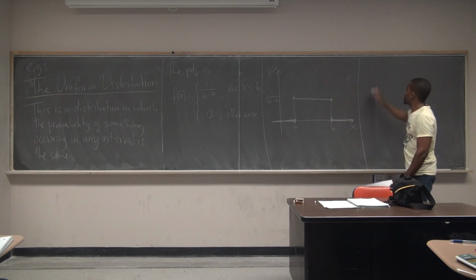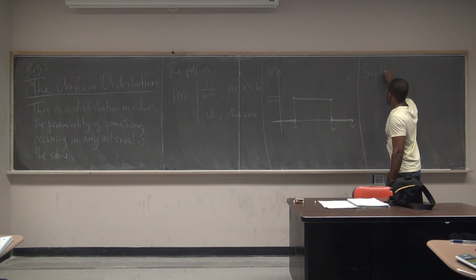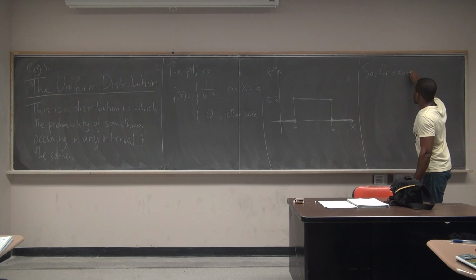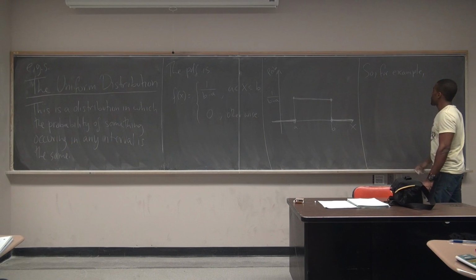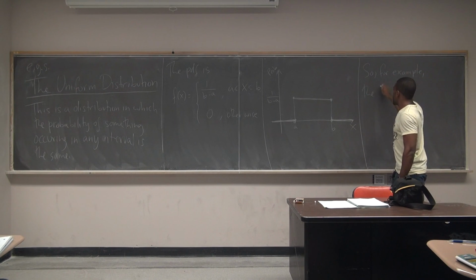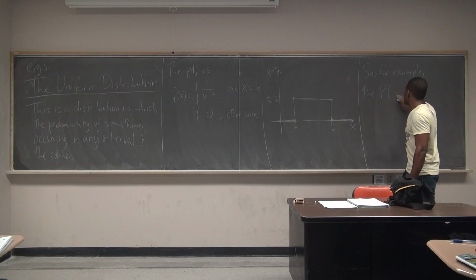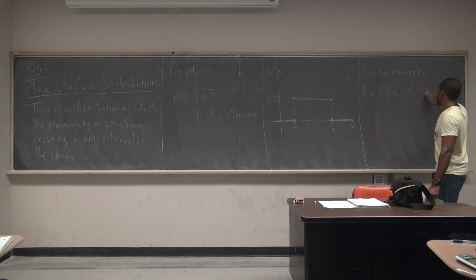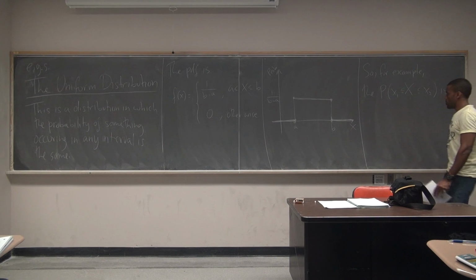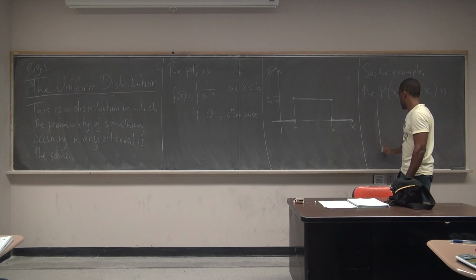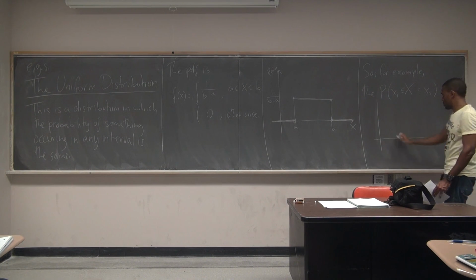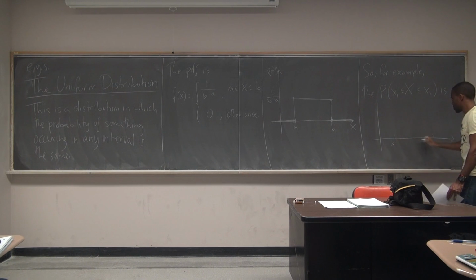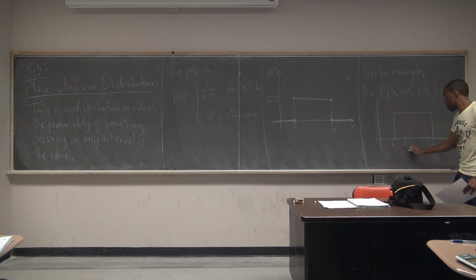So, for example, the probability that x is between something like x1 and x2 is going to be, say I have this rectangle, my x1 value is here, my x2 value is here.